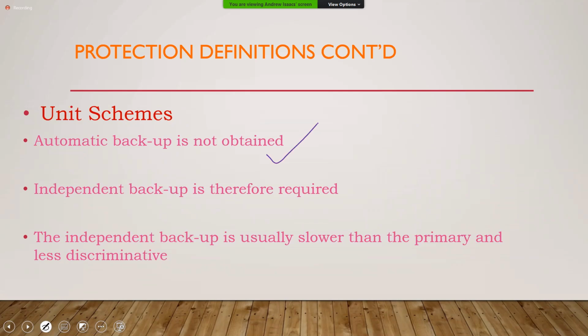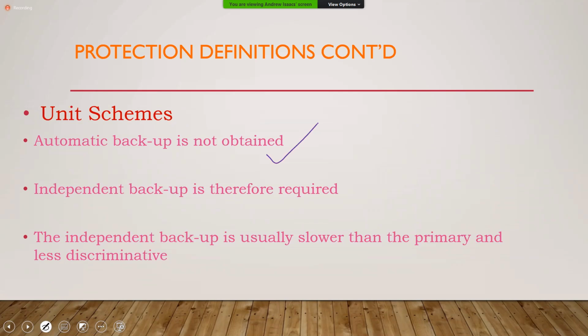That's the primary. But as backup, you have overcurrent. So if the differential, which is looking at input and output, doesn't operate, then if the current exceeds a certain value, that will operate. So you have the overcurrent as your backup protection.